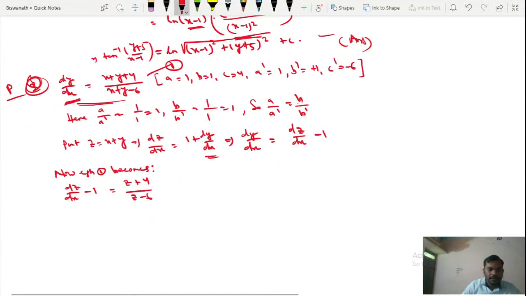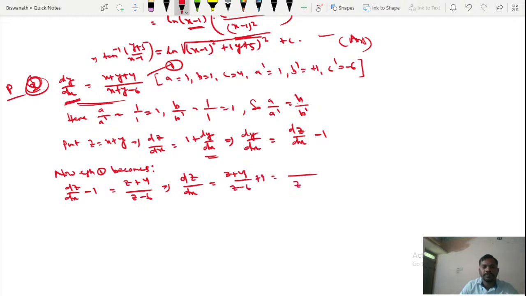So this is dz divided by dx, and the minus 1 will go to the right hand side, so this will be (z plus 4) divided by (z minus 6) plus 1, whose LCM is z minus 6. Then this is (z plus 4 plus z minus 6), which is 2z minus 2, divided by z minus 6. So dz by dx equals this thing.